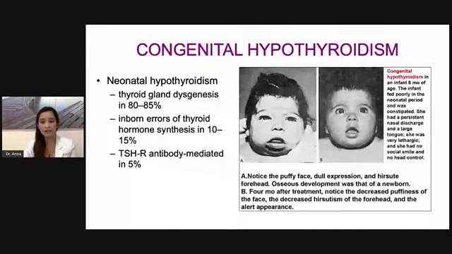So she was constipated, had a large tongue, persistent nasal discharge, very lethargic, and no social smile and no head control at 6 months. So the mental growth and development is affected. And after 4 months of treatment, notice the decrease in the puffiness of the face. There's also decreased hirsutism of the forehead and a more alert appearance. And that's after replacement with the thyroid hormone.